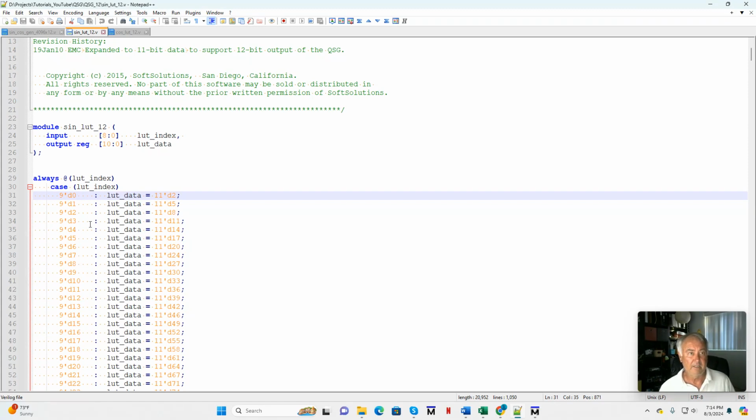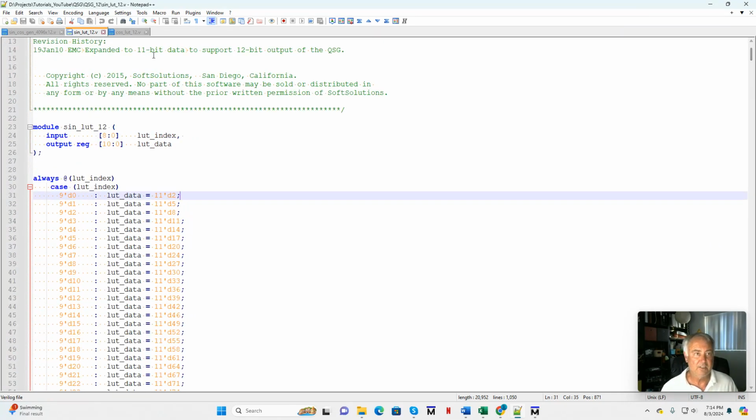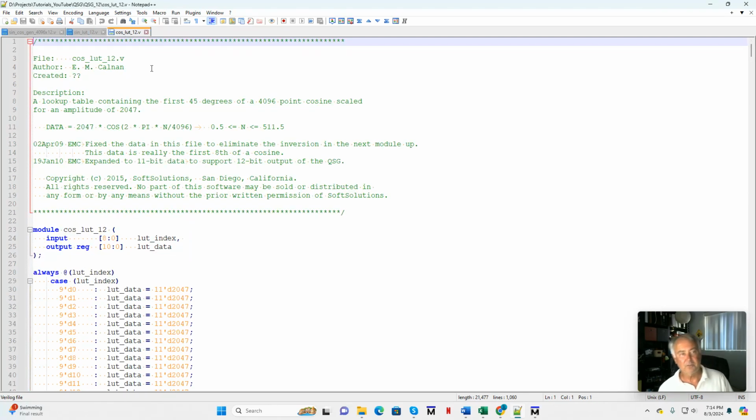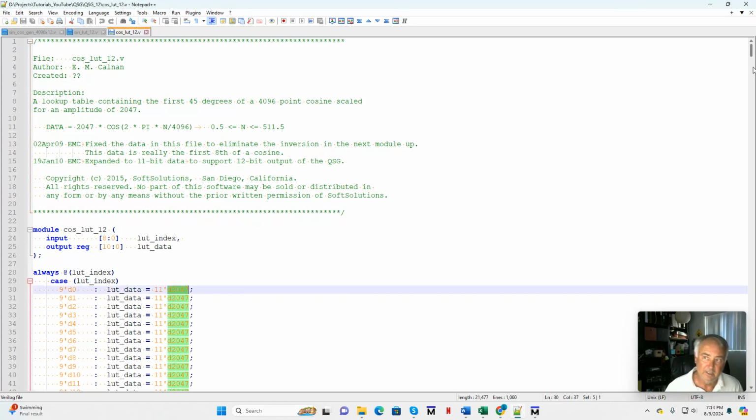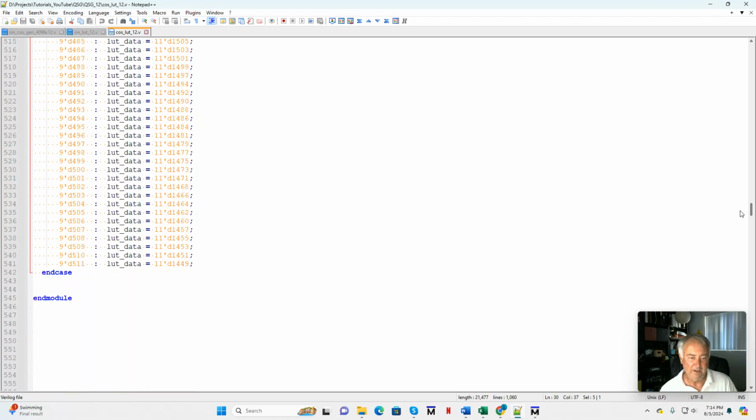So there's my sine lookup table from 0 to 511, with values from 2 to 1446, and my cosine lookup table. The cosine, at 0, is going to be at the maximum value, in this case 2047, and then it's going to slowly ramp down to whatever it is at 45 degrees here.